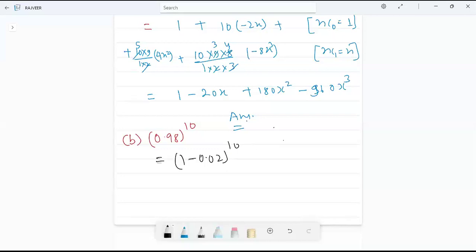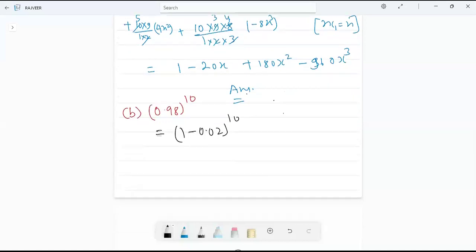See, 1 minus 0.02 is nothing but 0.98 itself, because we cannot change the question, right? We can just write it in a different form. We cannot change the value. So 0.98 can be written as 1 minus 0.02 and the power is 10.